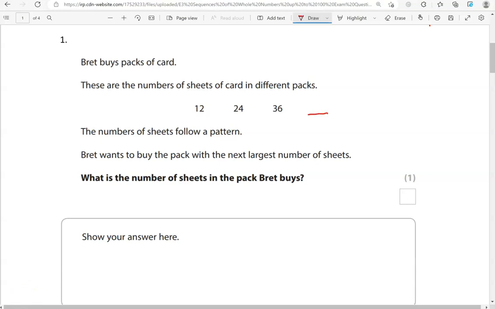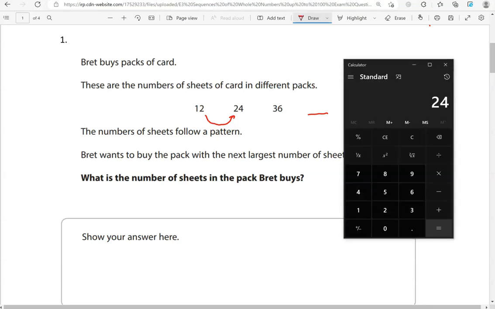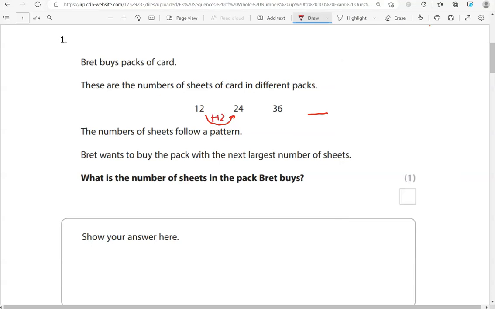And to decide, we will look at what we are going up by from 12 to 24. And now we can use a calculator. So all we do is 24 take away 12. So 24 take away 12 gives us 12. So we are adding 12.